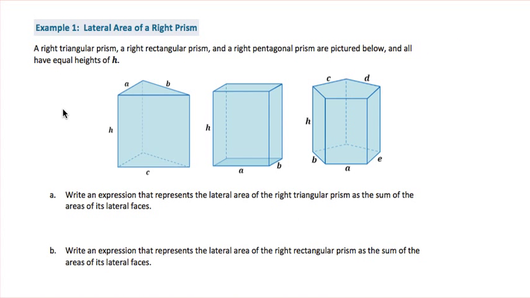So let's look at example 1, the lateral area of a right prism. A right triangular prism, a right rectangular prism, and a right pentagonal prism are all pictured here, and all have equal heights of h. We need to write an expression that represents the lateral area, lateral meaning side, of the right triangular prism as the sum of the areas of its lateral faces.